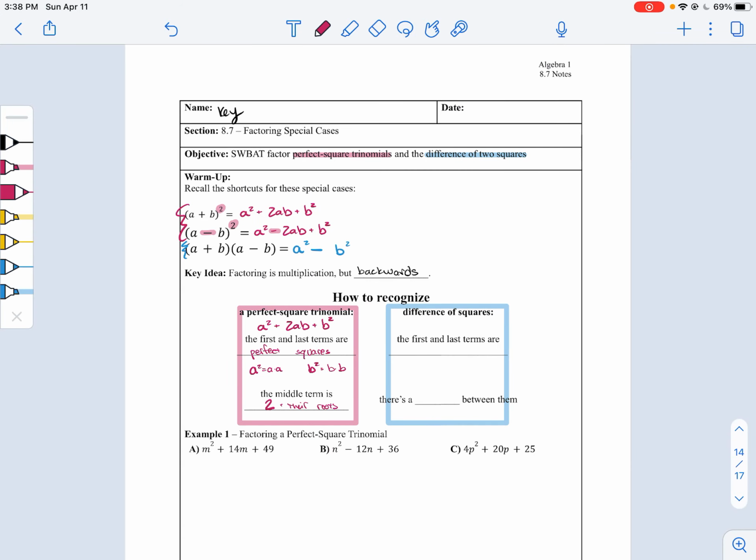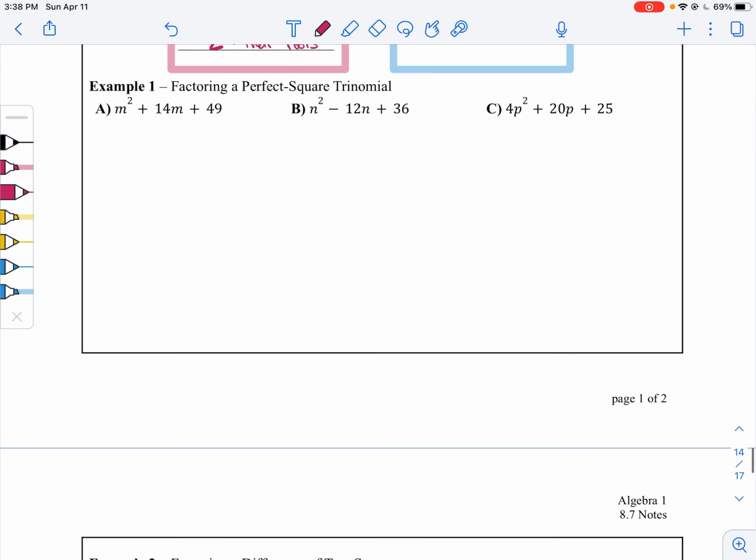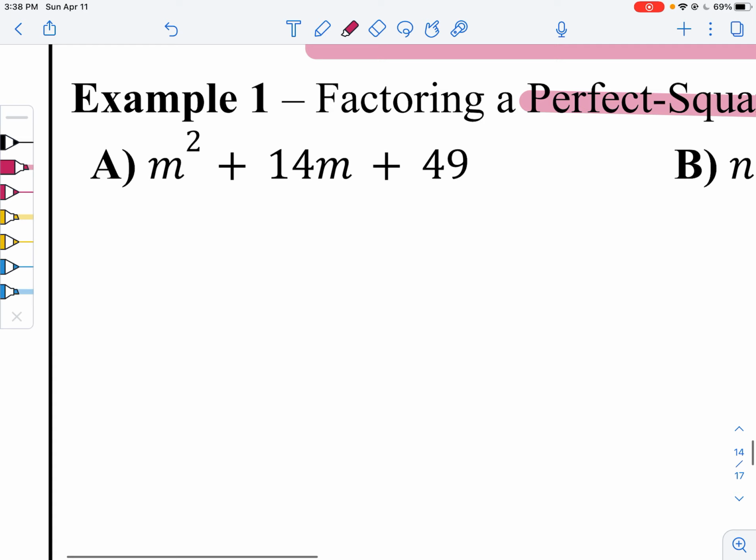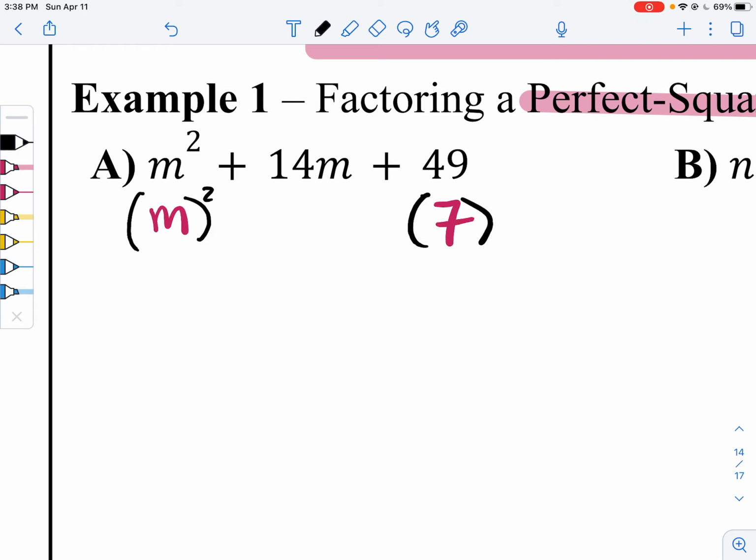Let's do that now, and then I'll jump back. Okay, so I can check that each of these is a perfect square trinomial by looking at those rules. First, is m squared a perfect square? Yes, because its root is m. And then 49 is 7 squared. So these are both something squared.